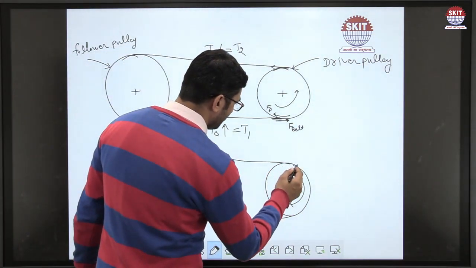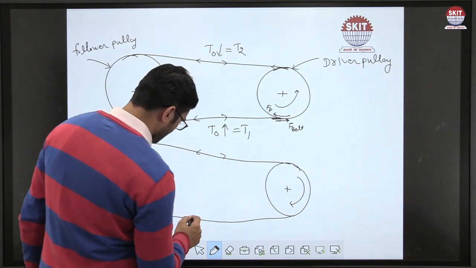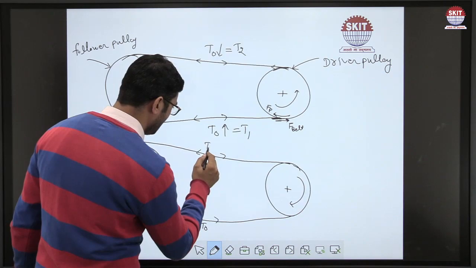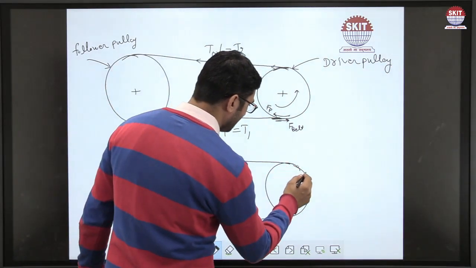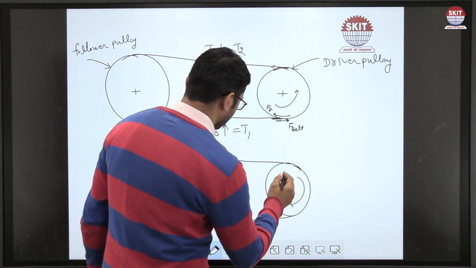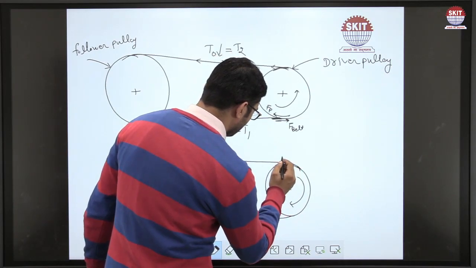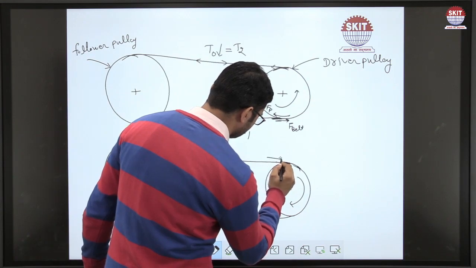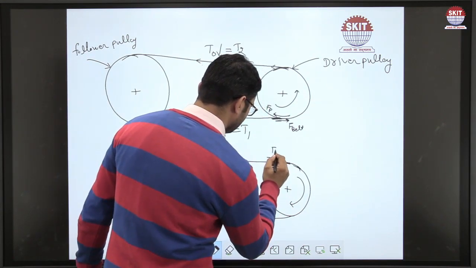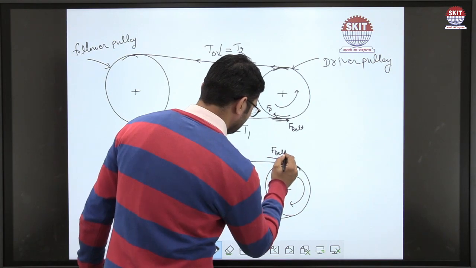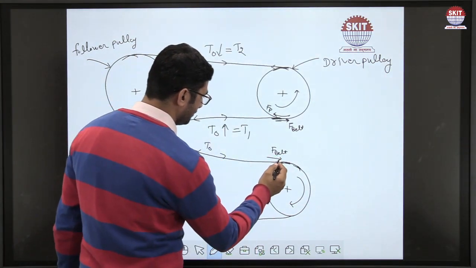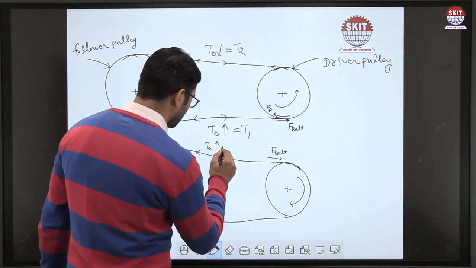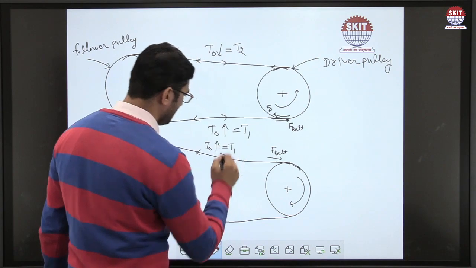Now the initial tension at the start of the power transmission is the same, T naught, but when we start the driver pulley, this portion of the belt moves first. The friction force of the belt on this side increases the initial tension and it is known as T1.